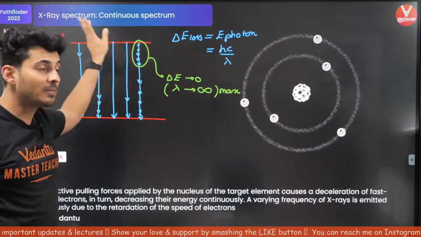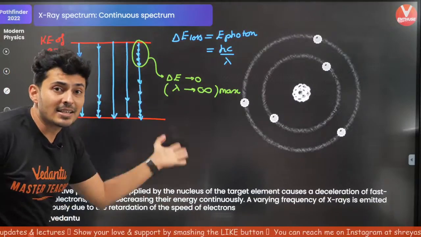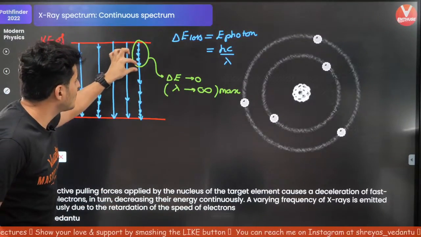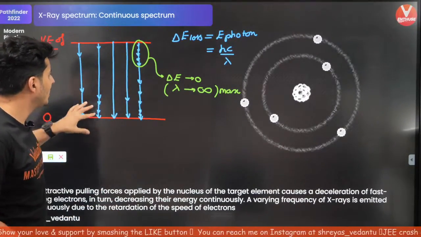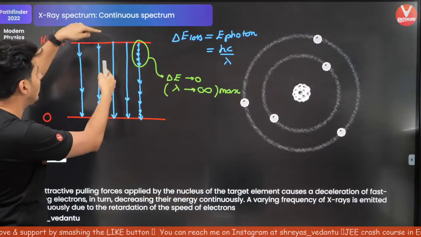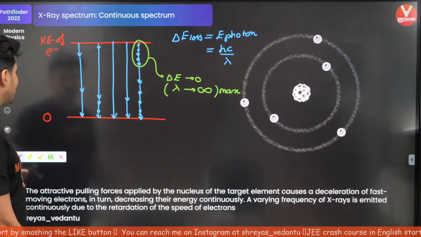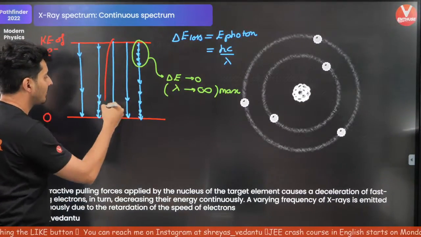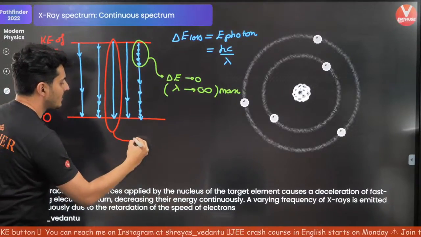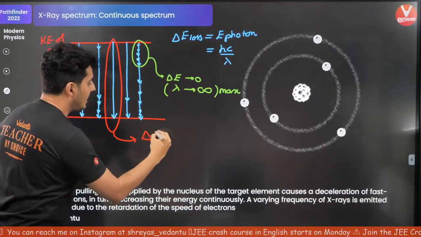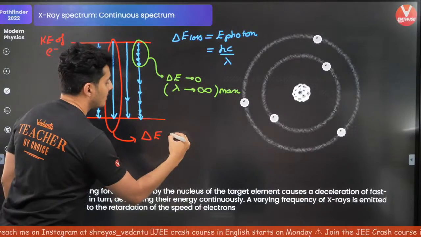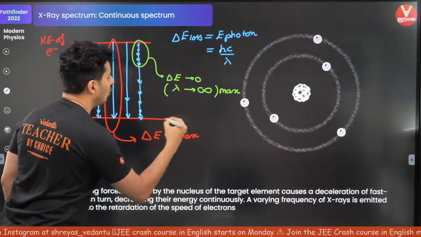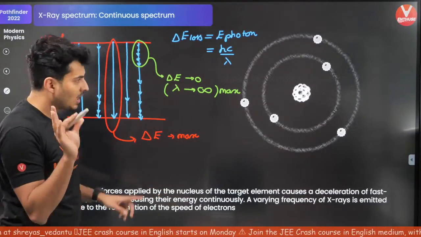Next extreme case. The second extreme case is that instead of losing it in small parts like over here, the max energy is lost over here. Can you see that? This one. This is basically delta E being maximum. It can't be more than this for sure.